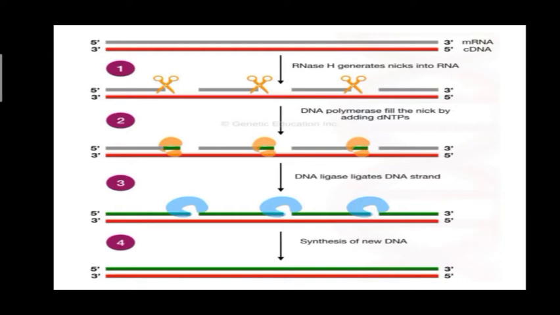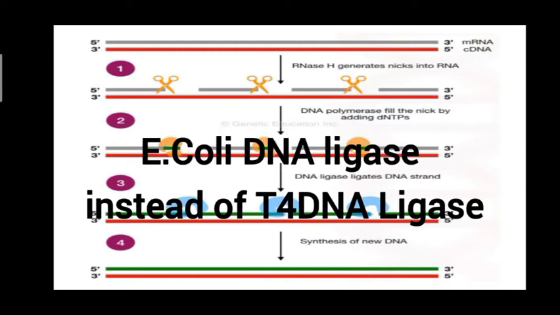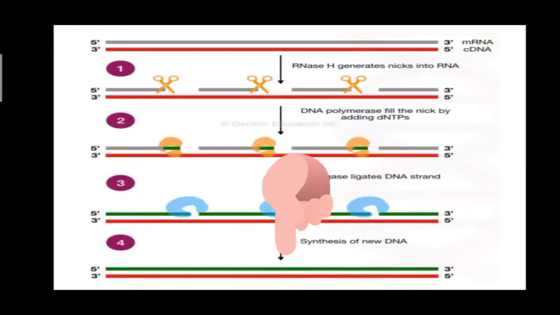After the synthesis of the new DNA fragment, the nick between adjacent DNA is ligated by the ligase enzyme. Here use KOLiE DNA ligase instead of T4 DNA ligase, and the second strand is now ready.